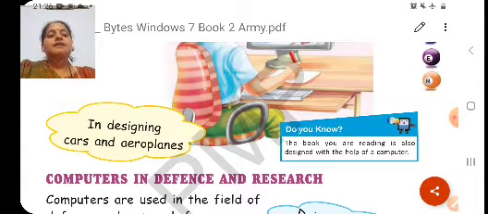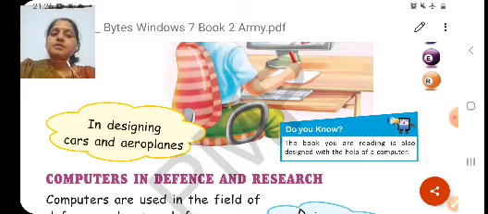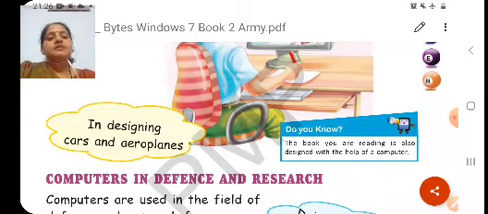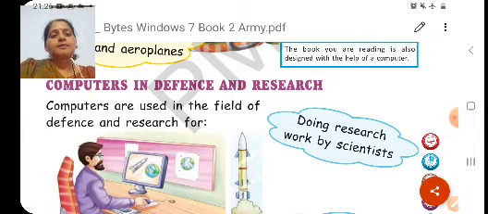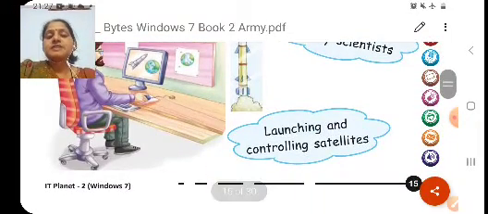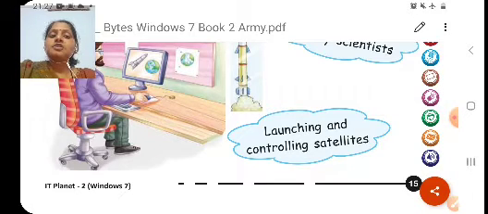So children, the book you are reading, that is also designed using the computer. Then children, computer is also used for defense and research purpose. As we know children, computers are used in field of defense and research for doing researches, the work done by the scientist, or for launching or controlling satellites also. So these are the different places where computers are used.